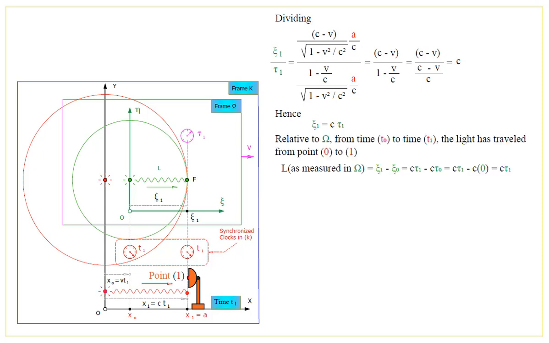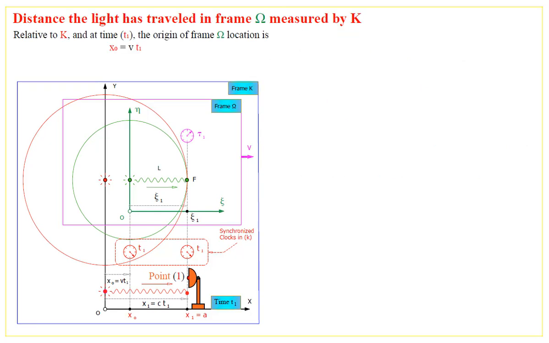relative to omega, from time t0 to time t1, the light has traveled from point 0 to 1. L as measured in omega. Distance the light has traveled in frame omega measured by k. Relative to k and at time t1, the origin of frame omega location is.